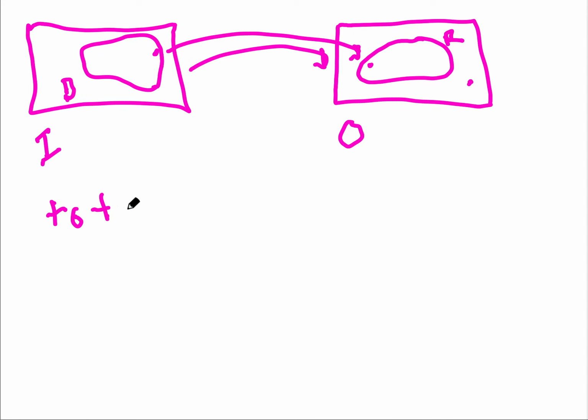What does total mean? Oops. Let's see if I can erase that. Over time, I'll get better at writing this way. So total, what does that mean? Total means that the domain equals the whole set of inputs. That means the function is defined on every input. So that's total.